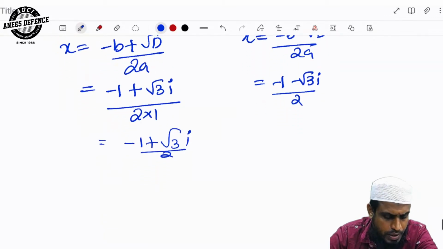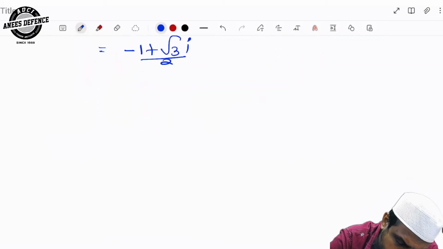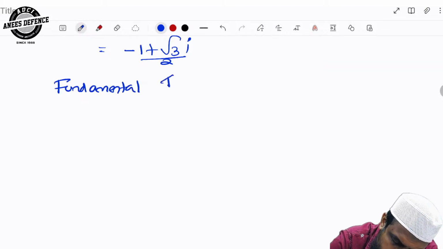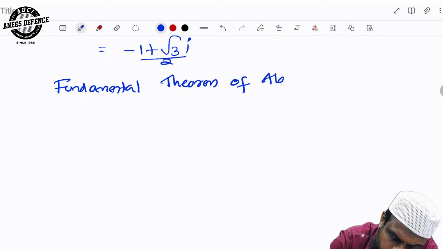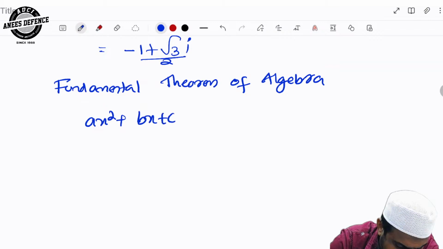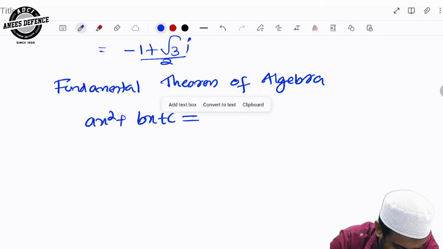What is one of the fundamental theorems of algebra?